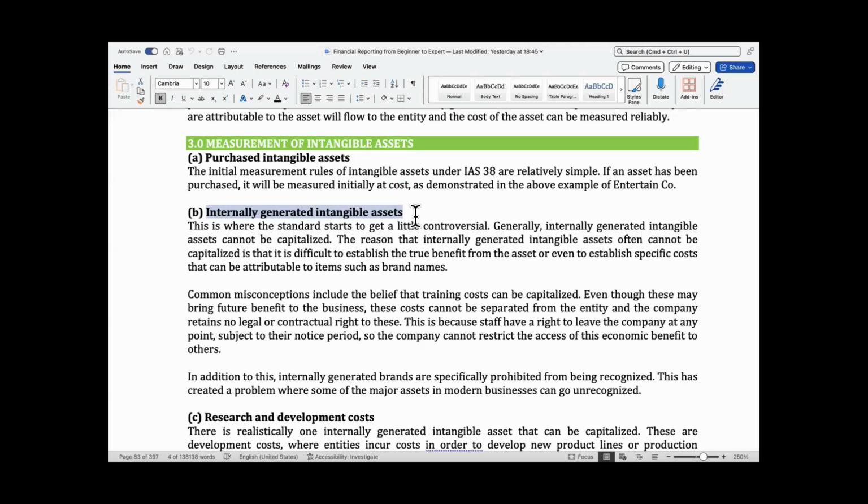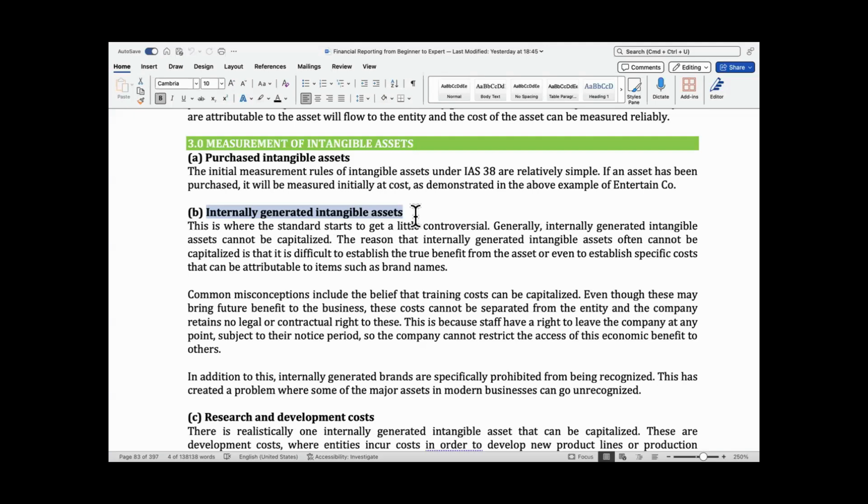We generated them over time. And a typical example is brand name or goodwill. That is the typical example of an internally generated intangible asset, or even your customer list. You know, your customer list is an intangible asset.